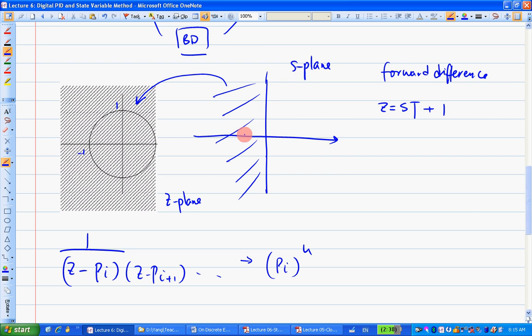However, you can see now that the mapping from the left side of the S plane is not mapped into just this unit circle here. It's actually everywhere in the Z plane.